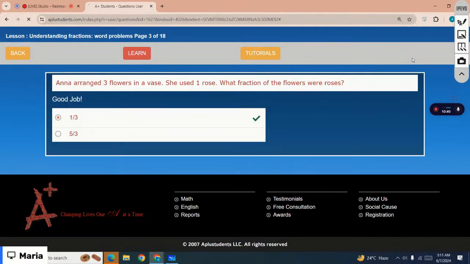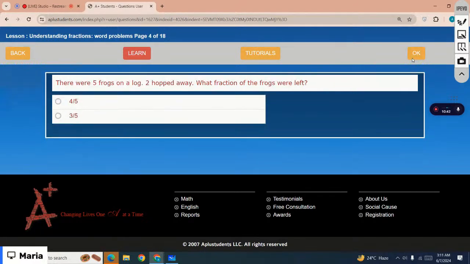Okay, the next one is there were 5 frogs on a log. Two hopped away. What fraction of the frogs were left? So which is the correct option?